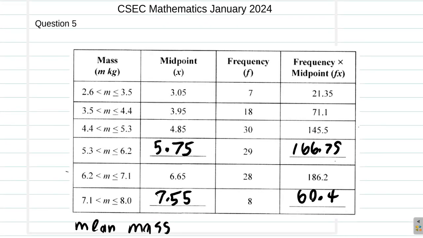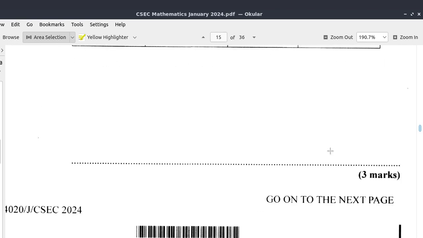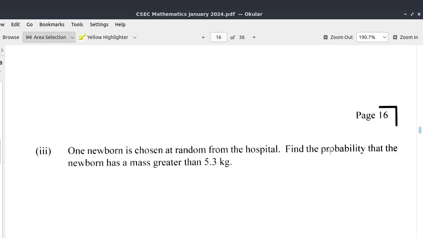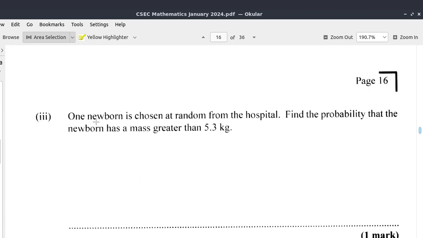After that now, what do they ask for? One newborn is chosen at random from the hospital. Find the probability that the newborn has a mass greater than 5.3 kilograms.